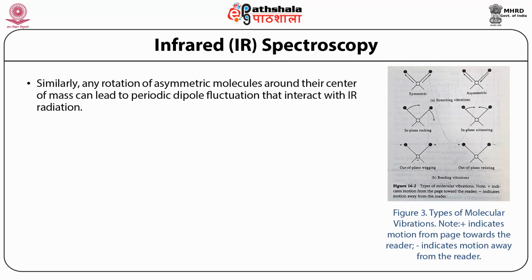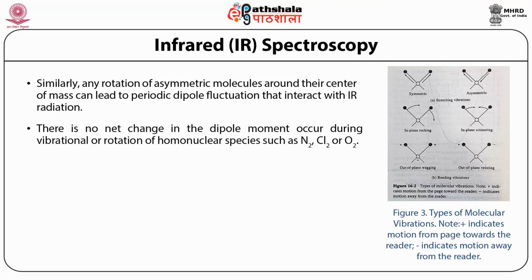Similarly, any rotation of asymmetric molecules around their center of mass can lead to periodic dipole fluctuation that interacts with IR radiation. There is no net change in the dipole moment occurring during the vibration or rotation of homonuclear species such as N2, Cl2, or O2.